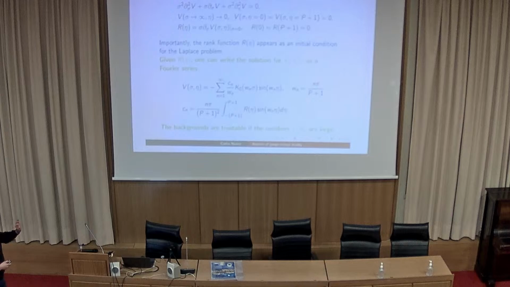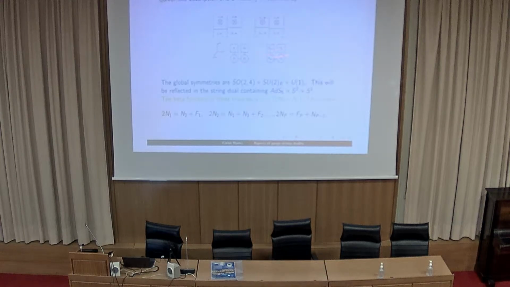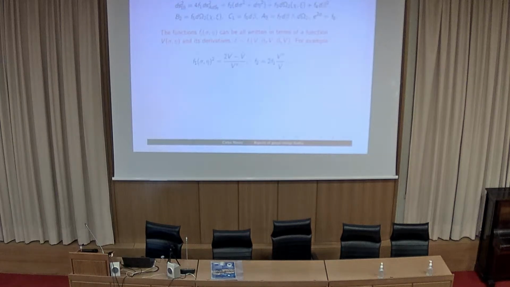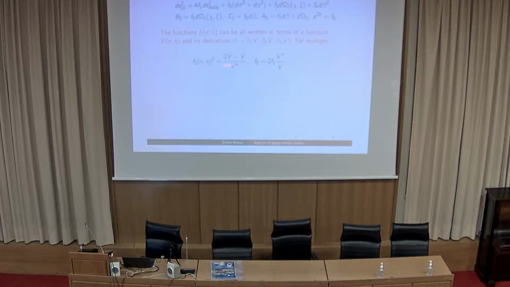So the algorithm I want you to keep in mind is the following. Think about a gauge theory. Make sure it is conformal, that it satisfies those equalities. Write the rank function. Write the function V. Write the functions f1 to f8. Put it here. That's your holographic dual. Keep that in mind.